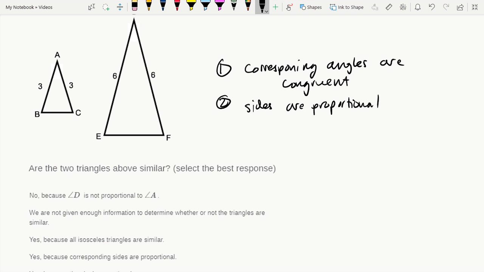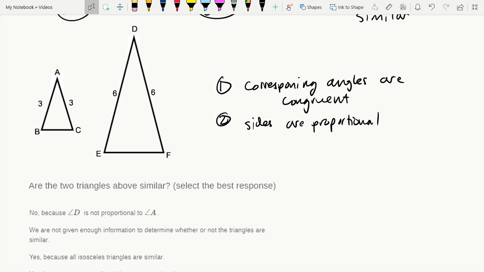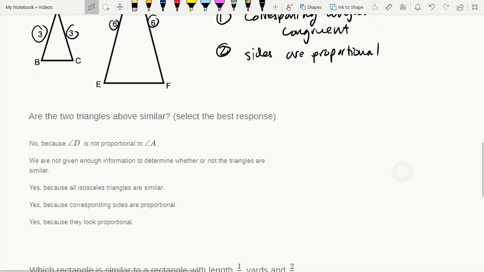First thing I want to look at is angles. An issue they're giving me here is that all I know is side lengths. I don't know any angles. So without knowing anything about the angles, it makes it really hard to say that these are similar. I know that none of these can be true, but let's talk about each one.